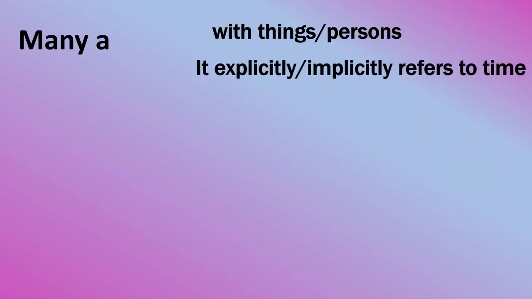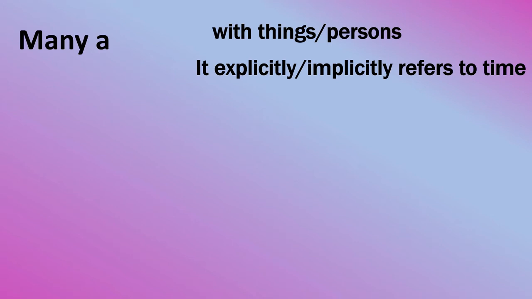Now we can move on to the determiner many a. First we'll check the characteristics of many a, the determiner. The first characteristic is it's used with things or persons. The second is it explicitly or implicitly refers to time.